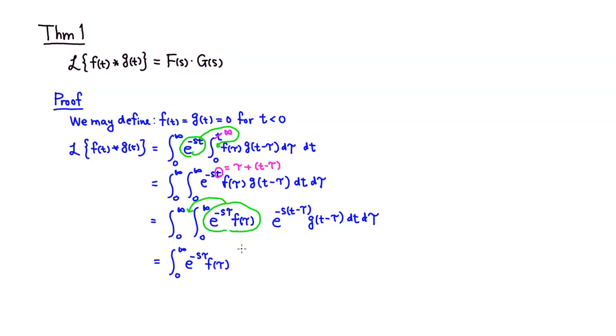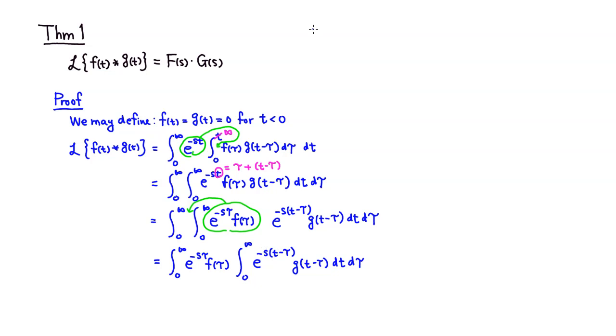Then we have an integral from 0 to infinity, e to the negative s times quantity t minus tau, g of t minus tau, dt, d tau, right? I'm going to do a little bit of substitution there.